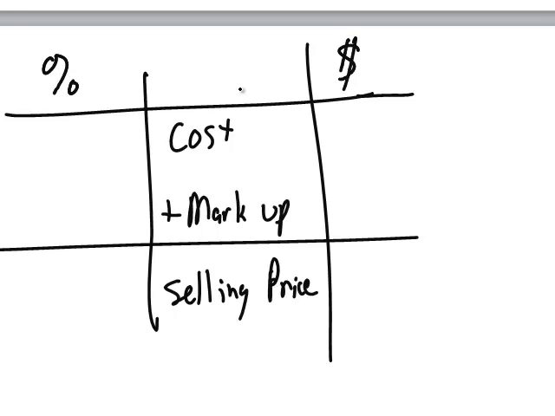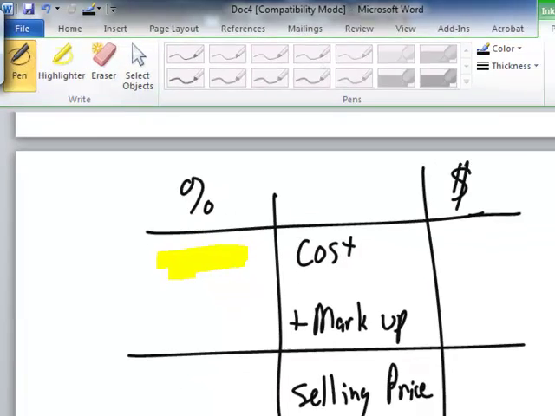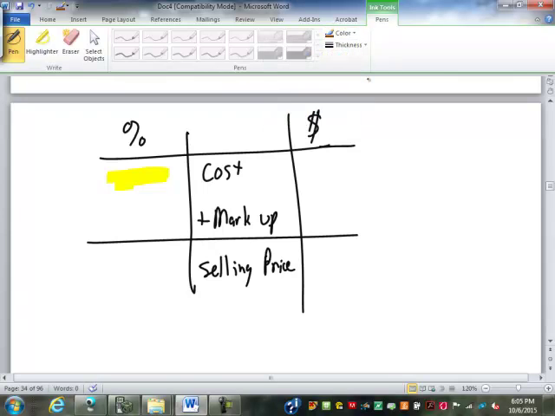The difference is the 100% is not necessarily always going to go here. When we're talking about markup, especially retail markup, we have to define what the markup is based on. So there are two types of markup we are going to deal with.